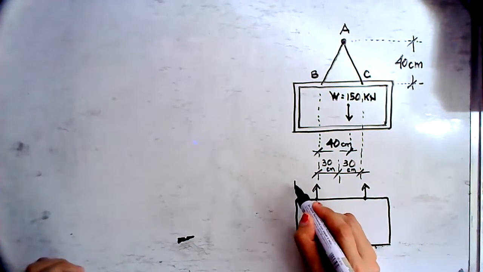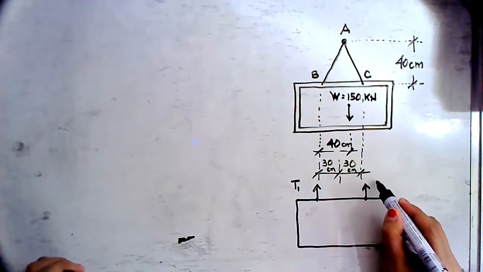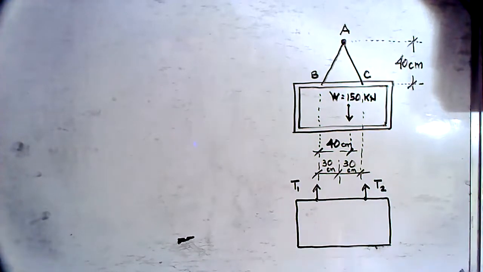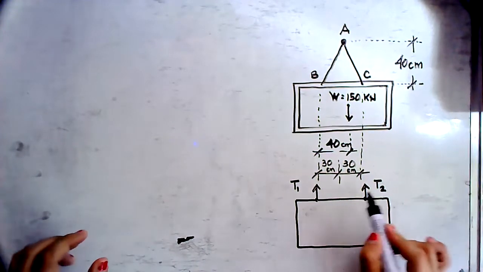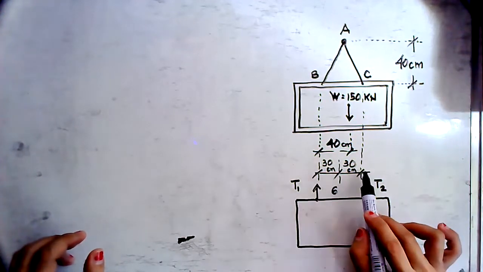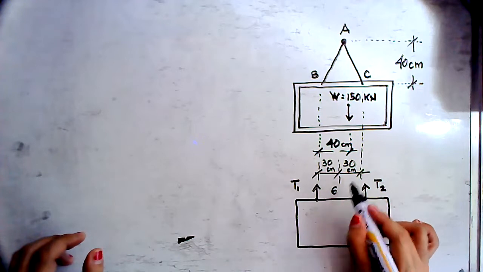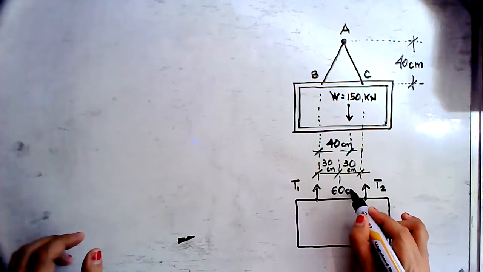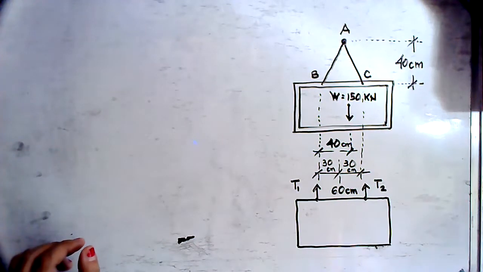So let's say this is tension 1 and this is tension 2. The distance from T sub 1 to T sub 2 from our figure is 30 centimeter plus 30 centimeter, so that's a total of 60 centimeter.